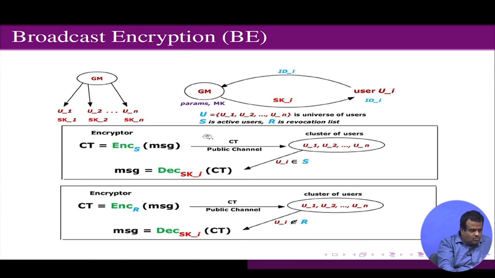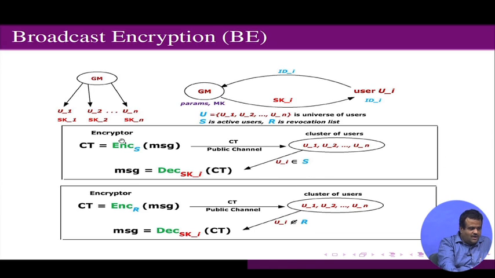There are two possibilities, two ways we can do this broadcast encryption. The first one is we can use the set of active users while encrypting, generate the ciphertext and broadcast it to the group of users. Among these, if Ui belongs to the set of active users, then only Ui should be able to decrypt it.